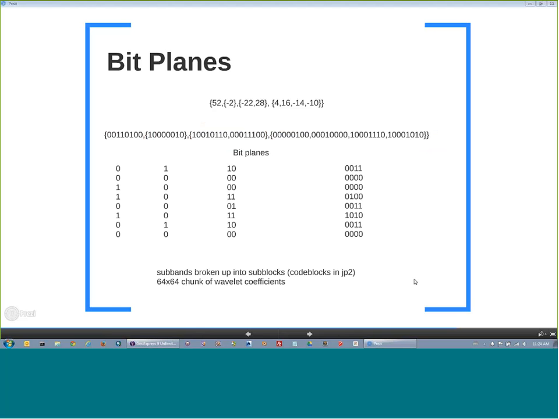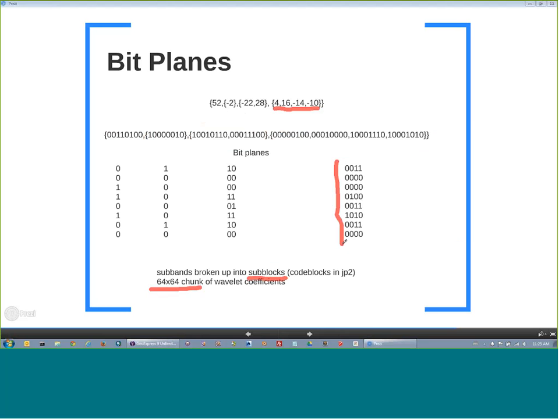I should point out that we take these bit planes, and because we're looking at such a small amount of data, we don't really get to see the benefit of subblocks, but we basically divide it up into 64 by 64 chunks of these coefficients.